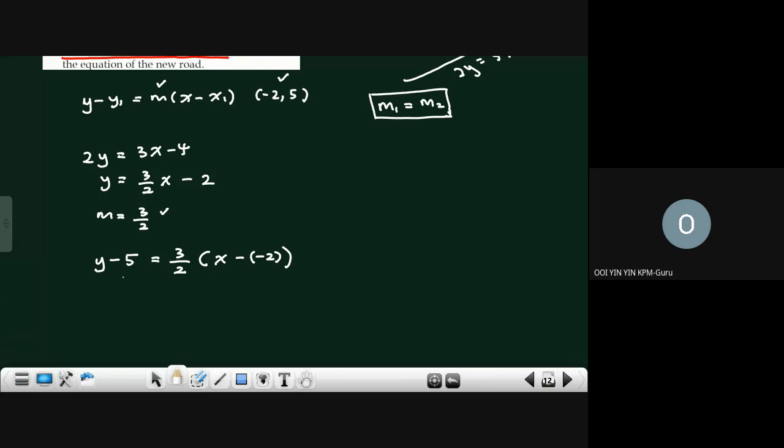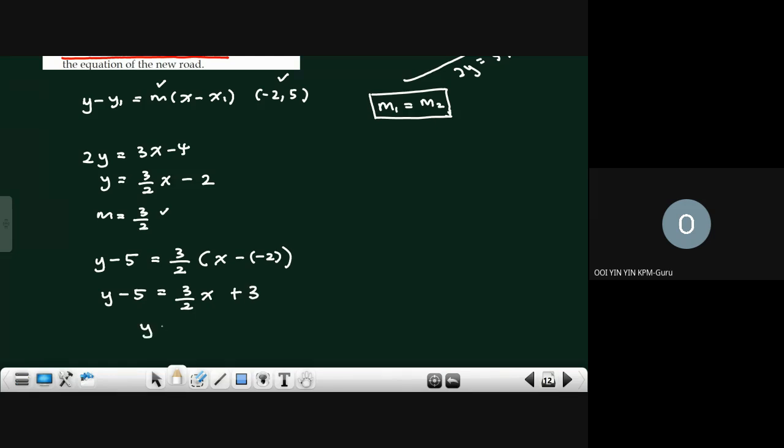Then we rearrange this. You will get y equals 3 over 2 x. Negative times negative is positive, so positive 3 over 2 multiplied by 2 gives +3.